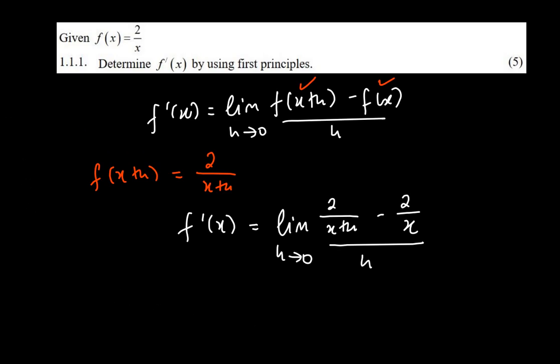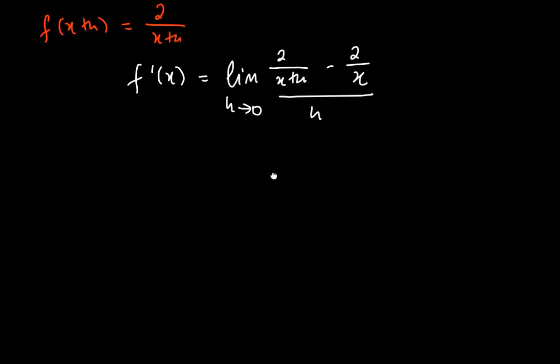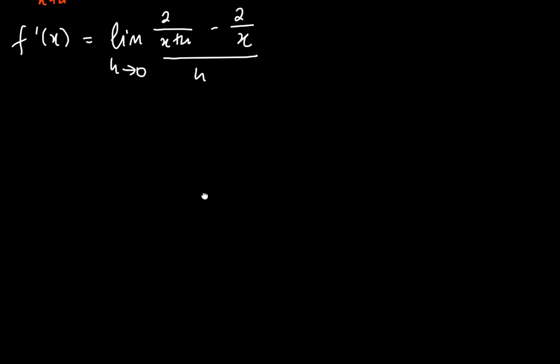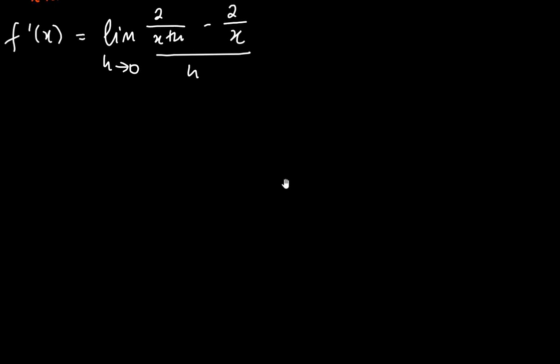For us to do that, we need to remember the following about fractions that we learned in lower grades. Let's say I had 1 over 2 plus 3 over 5, and I wanted the answer without using a calculator. How would I get the answer? We say this denominator times that, 2 times 5.